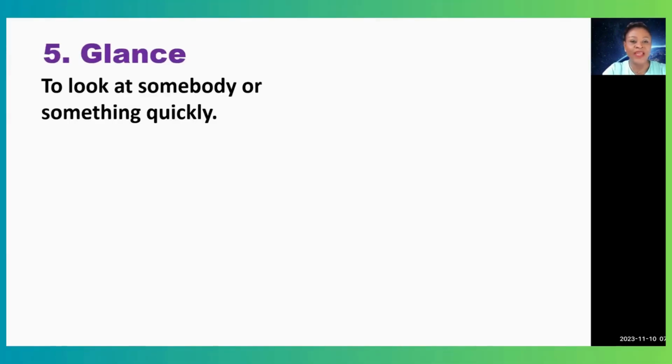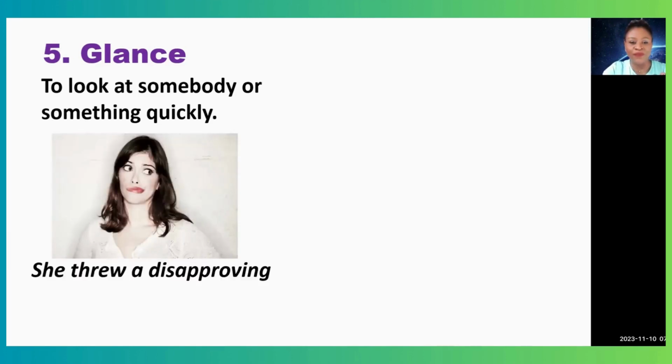Glance. To glance is to look at somebody or something quickly. She threw a disapproving glance at me. That means maybe you are in a place where the person is not in position to speak, but you do something.